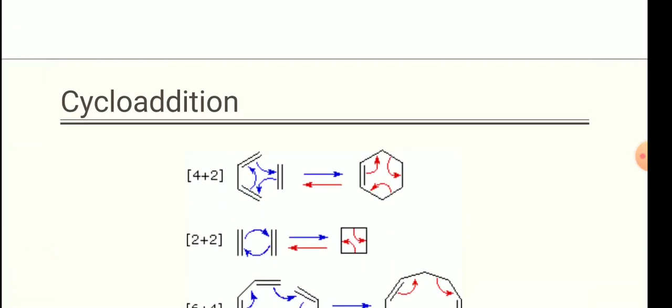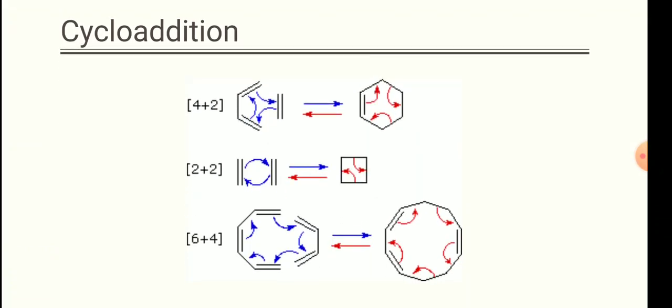Now different types of cycloaddition examples. The first one is very well known, that is 4 plus 2 cycloaddition. And yes, this type of reaction is all reversible, but depending on the condition and removal of the product, you can get the product finally.